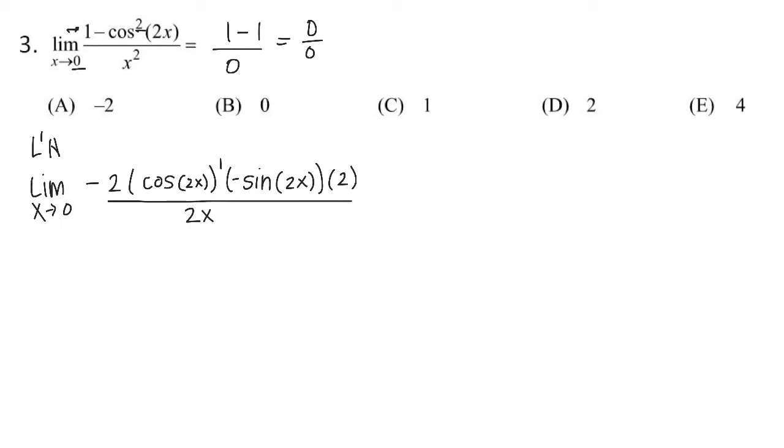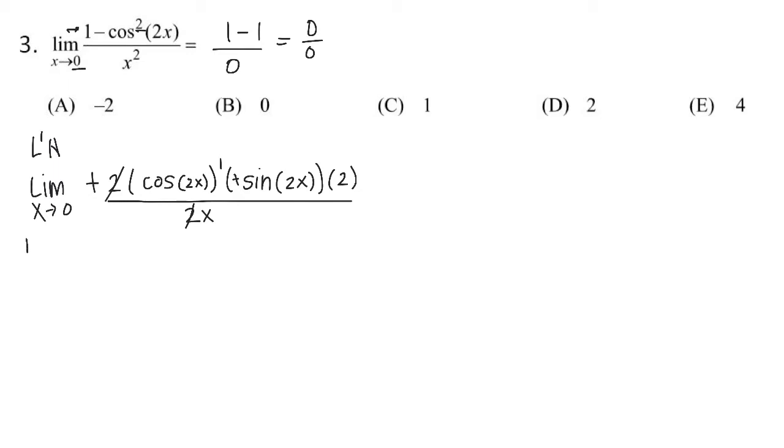And so let's see, what can we do with this? If I substitute in 0 as it is, again I get 0 over 0. So we can cancel out some negatives and cancel out a 2.